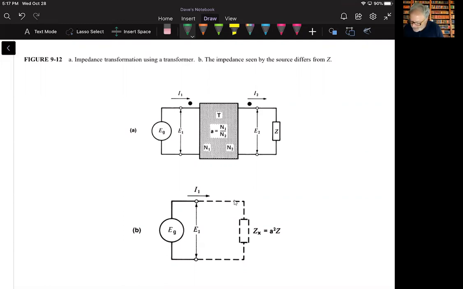We've got our polarity marks here and the current direction shown as well. So what happens in an ideal transformer, indicated by that letter T, connected between a source and a load Z? And we've got the transformation ratio written there.